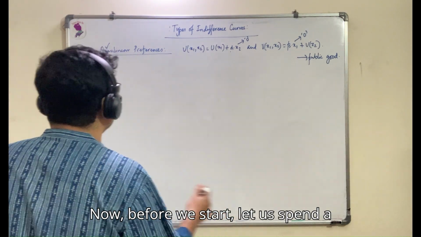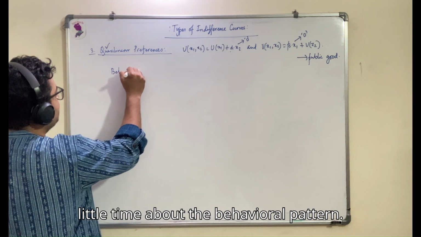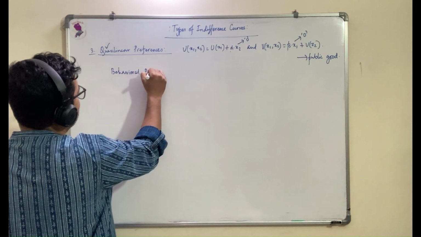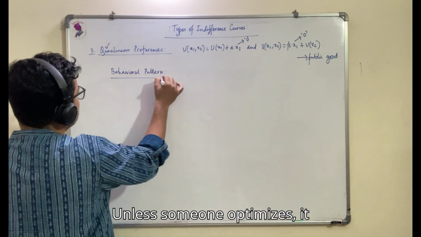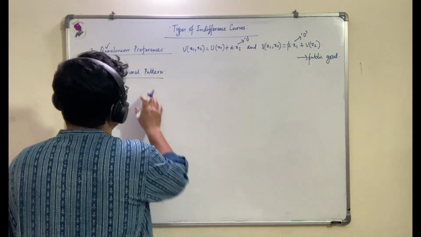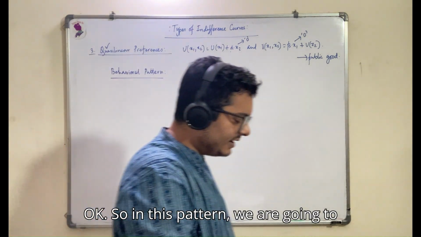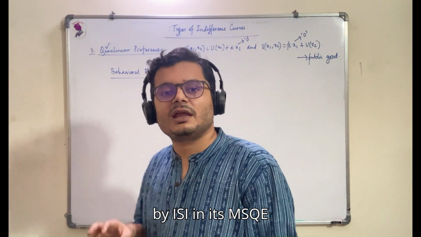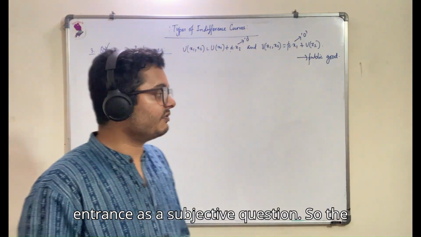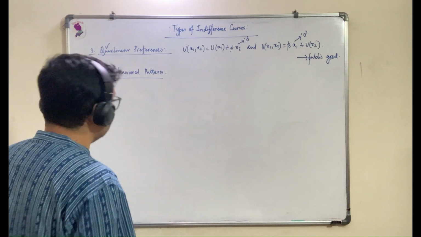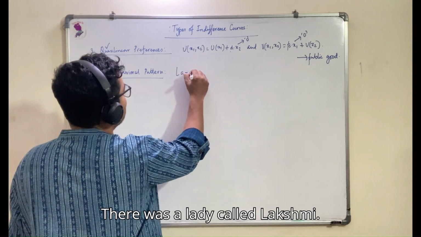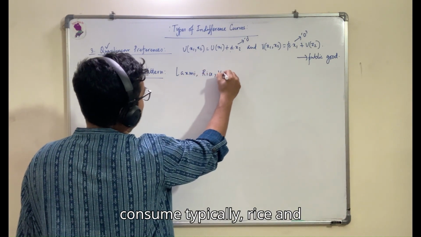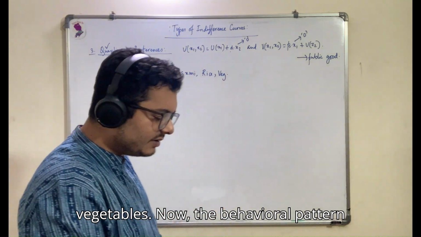Now before we start, let us spend a little time on the behavioral pattern, because unless someone optimizes, it becomes quite difficult to understand. In this pattern we are going to discuss a very old problem once given by ISI in its MSQE entrance as a subjective question. There was a lady called Lakshmi, and Lakshmi has two commodities to consume, typically rice and vegetables. Now the behavioral pattern is like this.